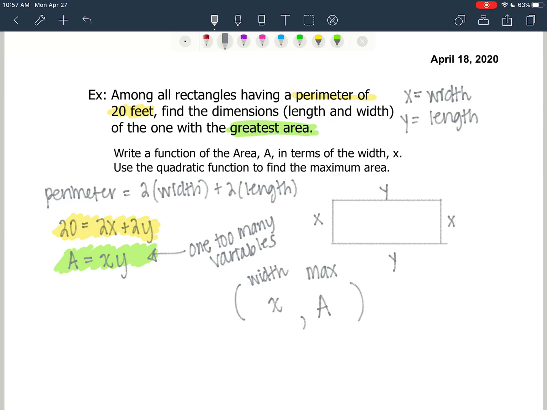So the width and the area, those are the two things that we're going to be comparing. How do I get rid of y? Well, we're going to use the perimeter equation to substitute for y.